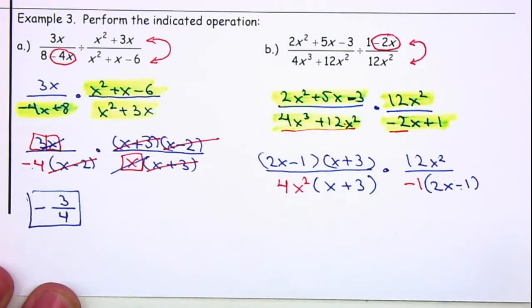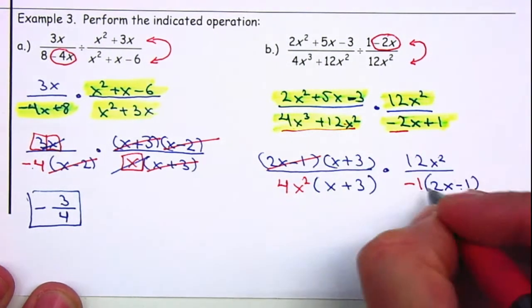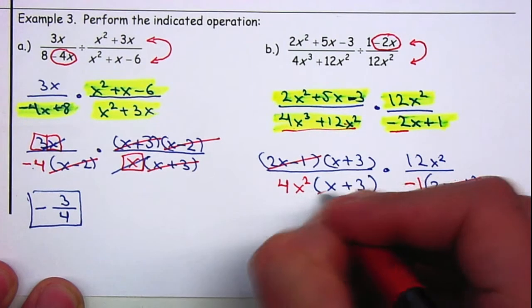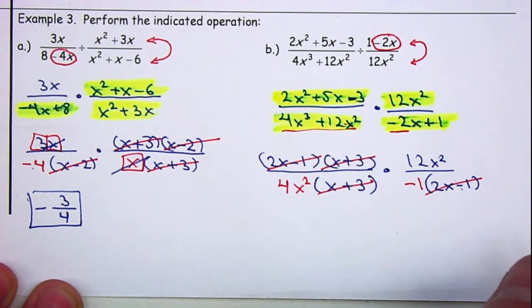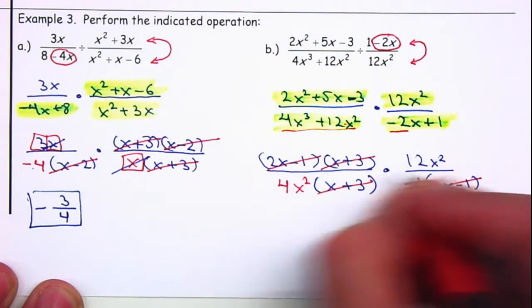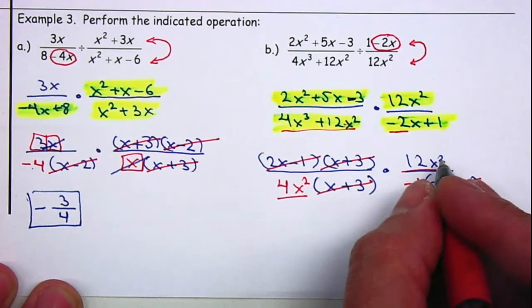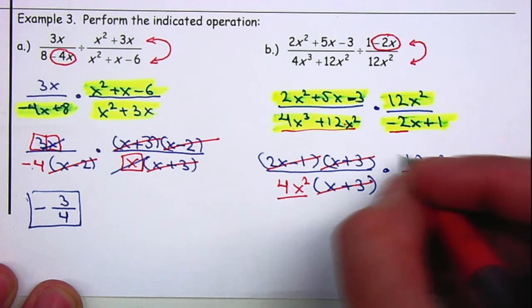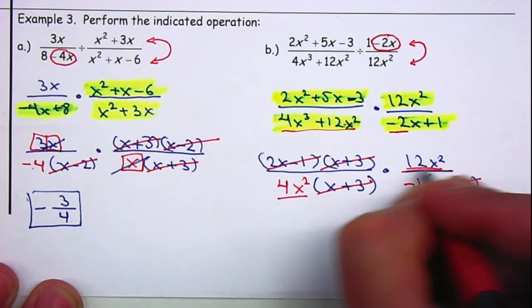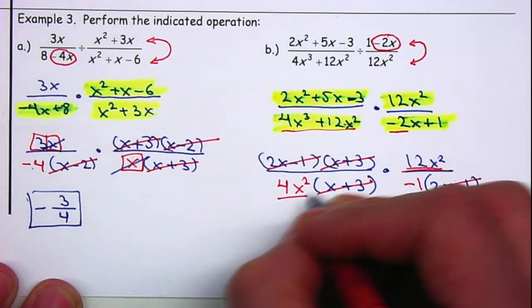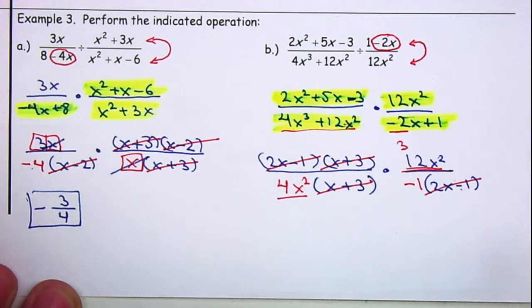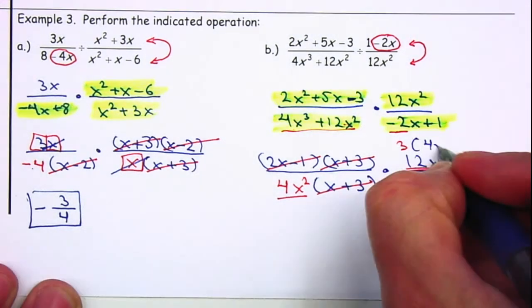Now I can cancel my common factors. 2x minus 1 and 2x minus 1. X plus 3 and x plus 3. Now this is a factor, and there's nothing adding or subtracting, so I can cancel. Because I want to cancel with the 4x squared, I can rewrite this as 3 multiplied by 4x squared.